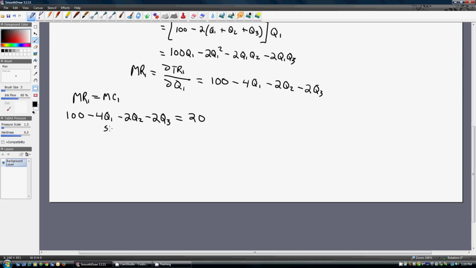Now we want to solve this for firm 1's output, and once we do that, we'll have an expression for firm 1's reaction function.